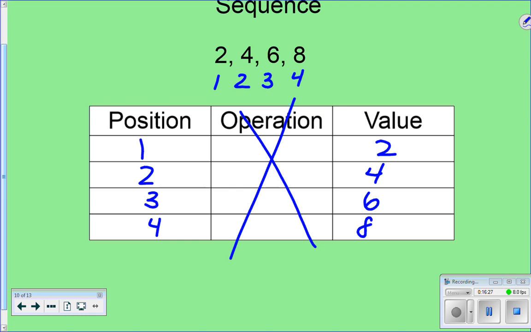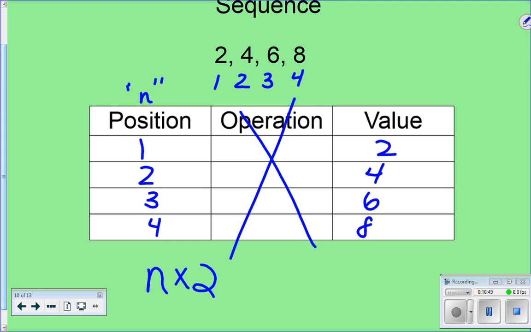I'm multiplying by 2. So I'm taking my term, and we're going to call this n, because we don't know what position we could be talking about, like position 6. So you're going to take your position, give it a letter, n, and what are you going to multiply it by? 2. You just wrote a rule for this sequence.